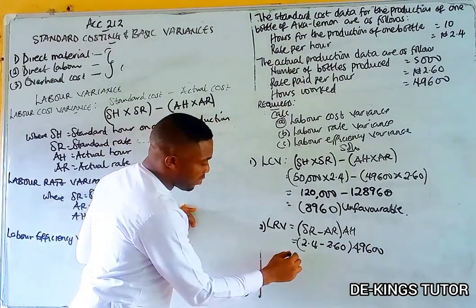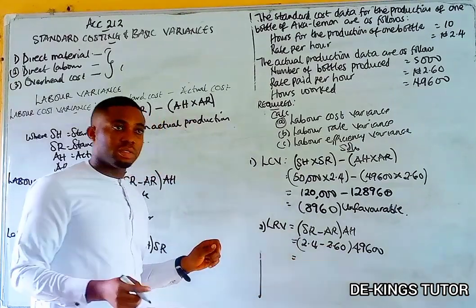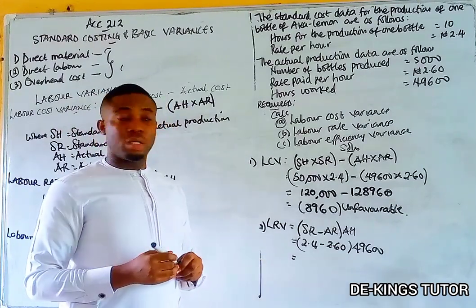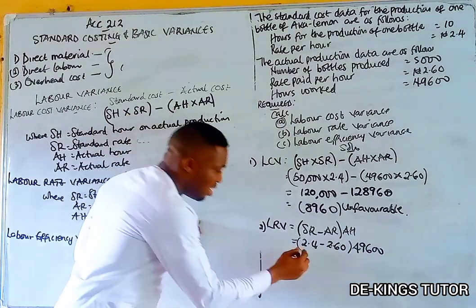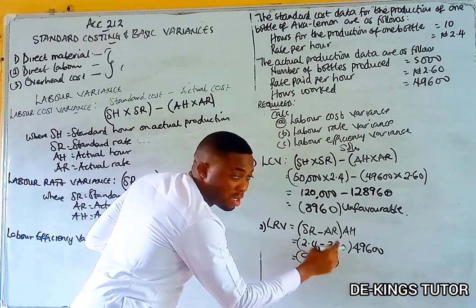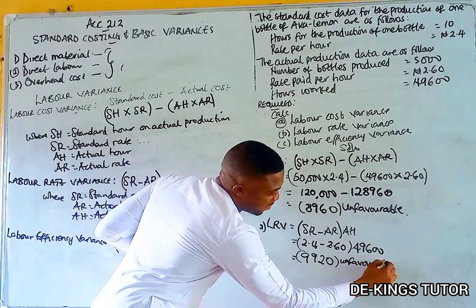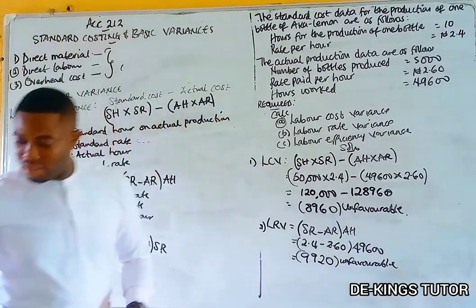Okay. So 2.4 minus 2.60, that's minus 0.2. Times 49,600. 9,920. Favorable or unfavorable? Unfavorable. Okay.